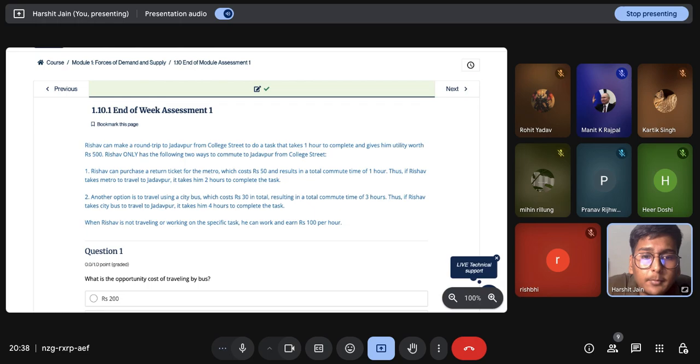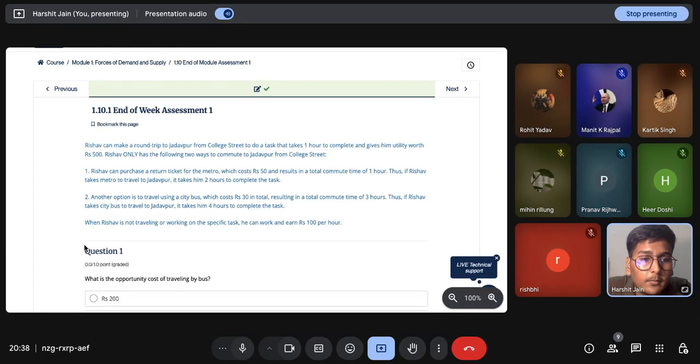Thus, if Rishabh takes the metro, it takes him 2 hours to complete the task. Another option is to take a bus, which costs rupees 30 and takes 3 hours of commute. It takes 4 hours to complete the work if he goes by bus.